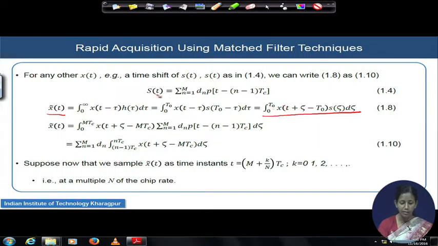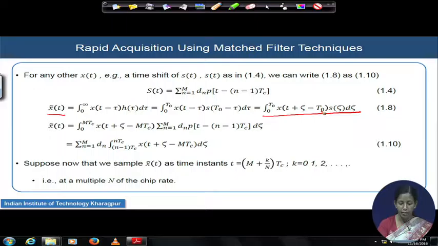Rather, this s(ξ) will now be replaced by this expression, where I bring out the summation and d_n, exchanging the summation and integration operations. Over one chip duration, (n − 1)Tc to nTc, the value of the p will be either 1 or −1, and this ends up with x(t) plus ξ minus M into Tc.